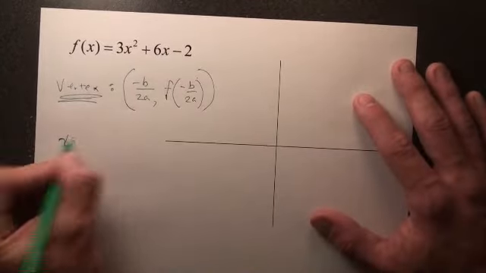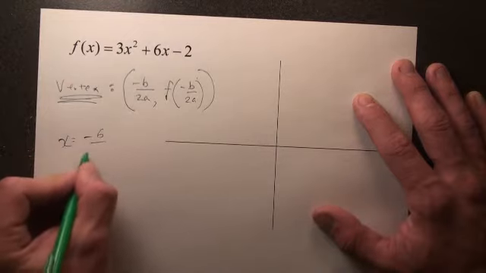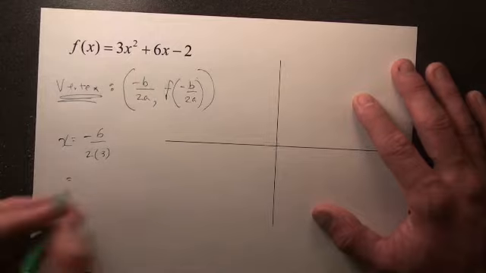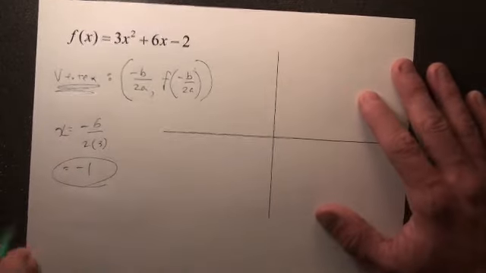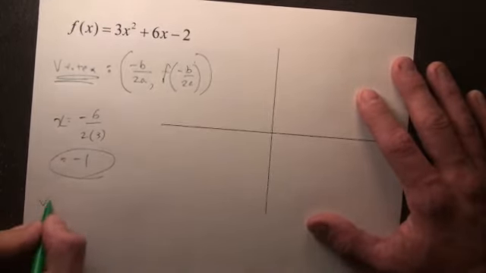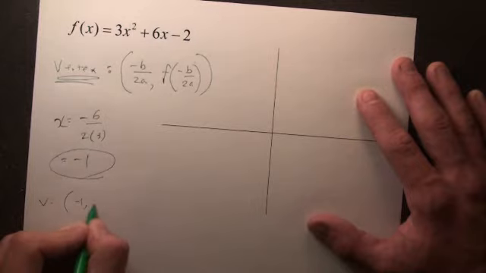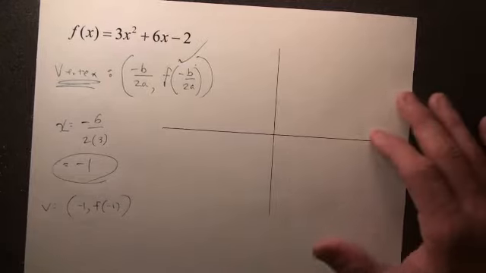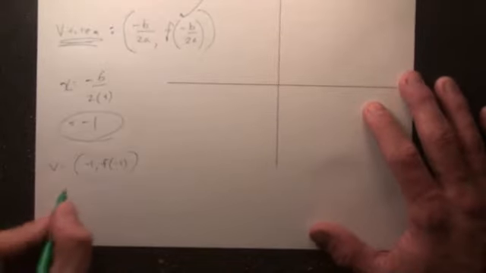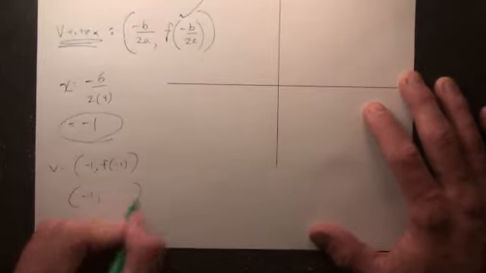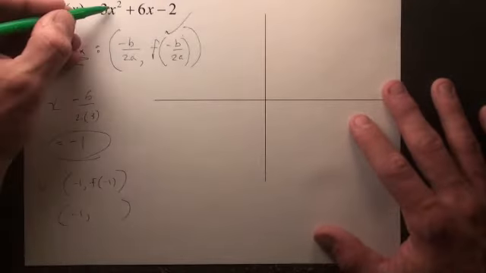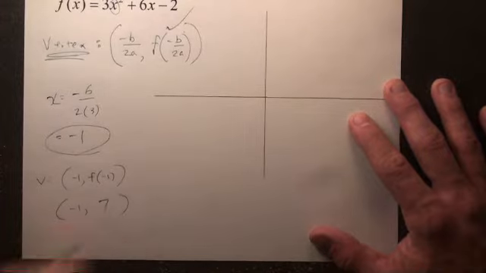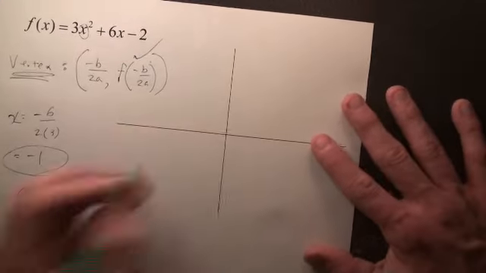Does everybody agree that negative b over 2a is negative 6 over 2 times 3? Alright, which is negative 1. So therefore the vertex is negative 1 comma f of negative 1, hence the f of negative b over 2a. F of negative 1 is, well, that'll be a 1 times 3, 3 plus 6, 9 minus 2, 7. Negative 1 comma 7.